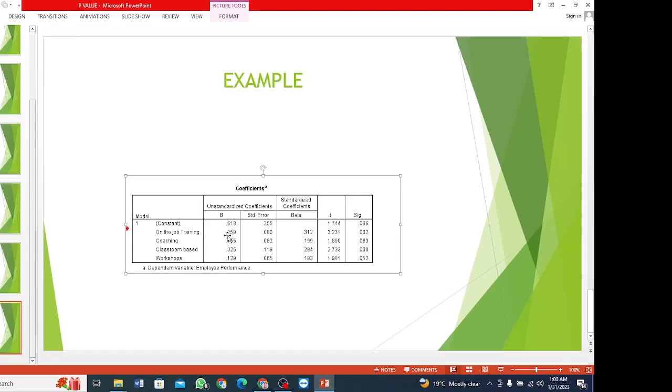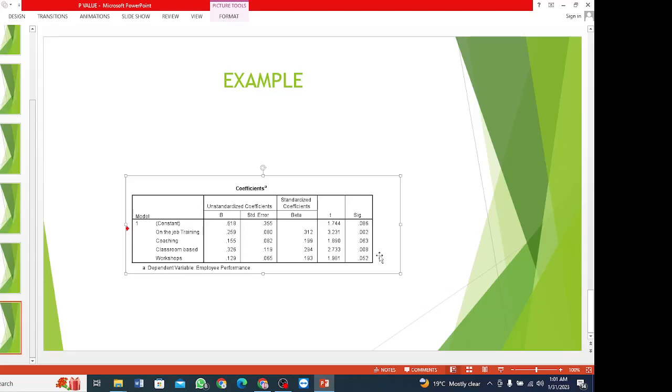And therefore, although we found that a unit change in coaching would lead to a 0.155 change in employee performance, since the p-value is greater than 0.05, we cannot conclude that this relationship is statistically significant, and therefore our conclusion would be that coaching does not have an effect on employee performance at the entire population level.